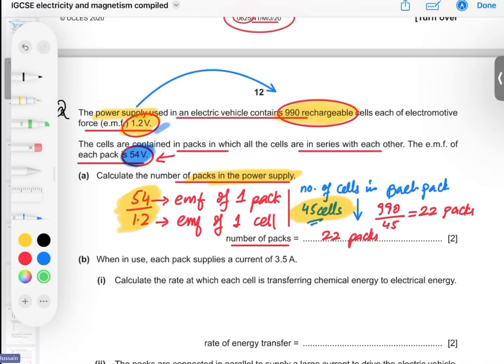In total I have 990 cells, and every pack is of 45 cells, so 990 divided by 45 gives the number of packs needed. It's 22 packs.